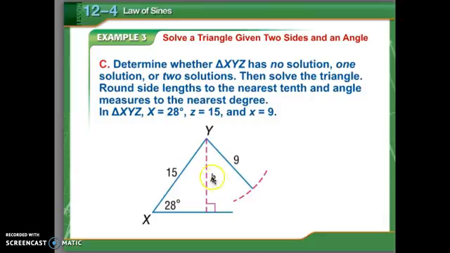So again, we're going to find the height here. The sine of 28 is going to be h over 15. Let me write that on here. When we solve that for h, it's going to say h is 15 sine of 28.